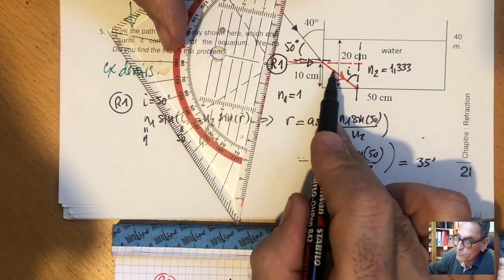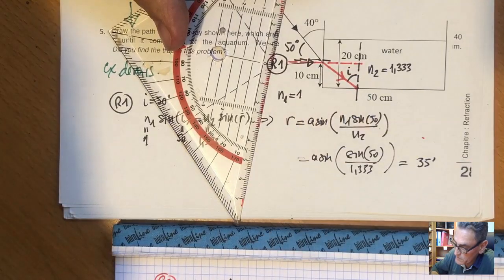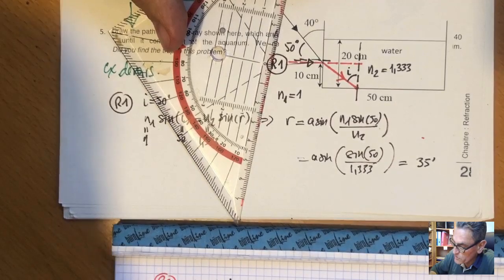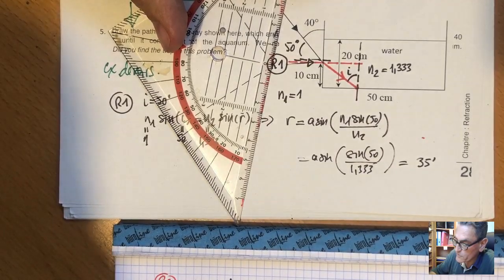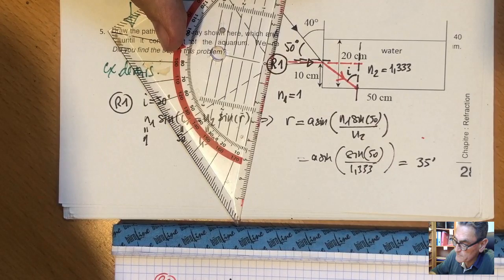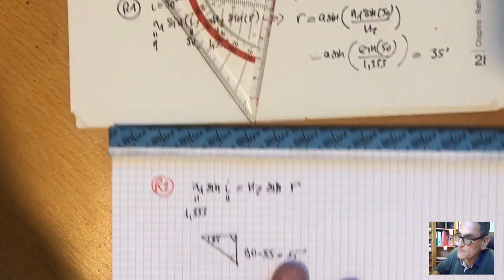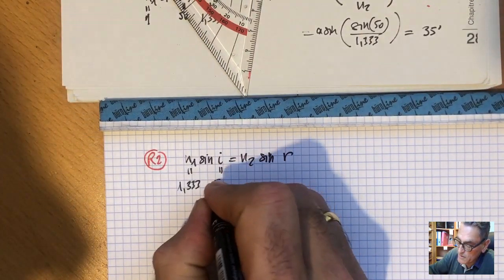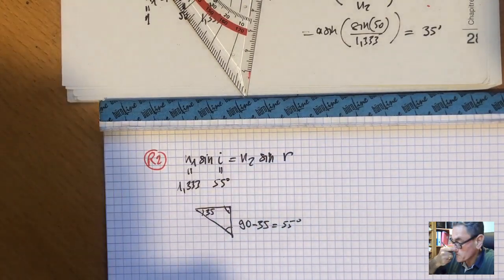We know this angle, we computed it before. This angle was 35. This angle here is 90. So this angle here is going to be 90 minus 35, which is 55. So the angle I is now 55 degrees.